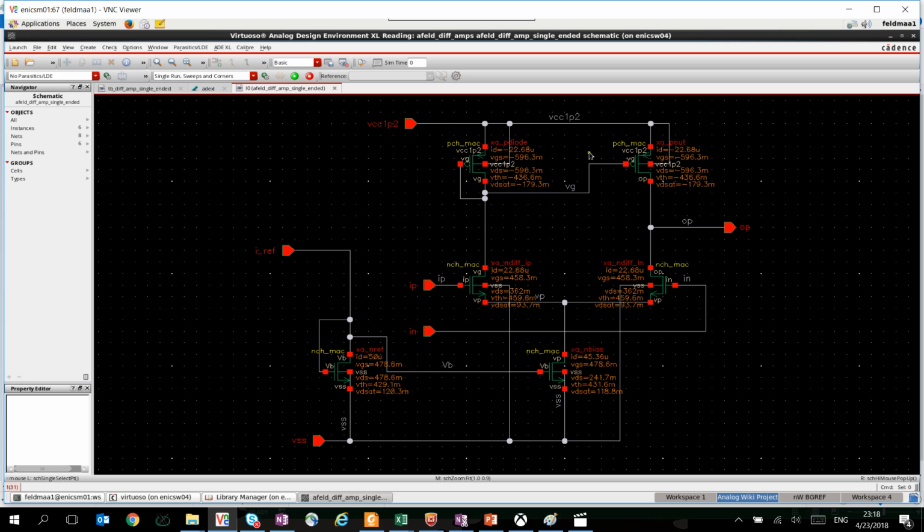So I have a differential amplifier here. It's a very simple single-ended differential amplifier. We have a reference right here, IREF of 50 microamps. And I would like to measure the GM and R out of this circuit.